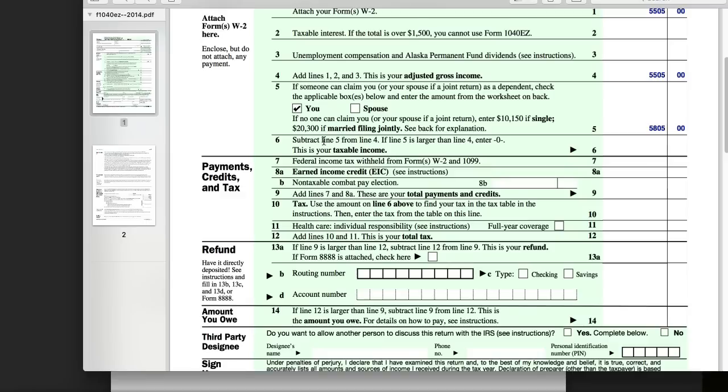Not necessarily the case. So this is where you really want to take that extra second to read exactly what it's saying. So subtract line 5 from line 4. If line 5 is larger than line 4, we're going to enter 0. And that's the case. So what that means is that our taxable income is 0.